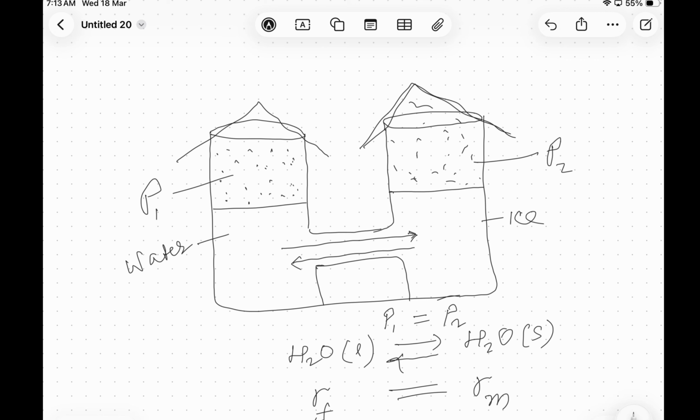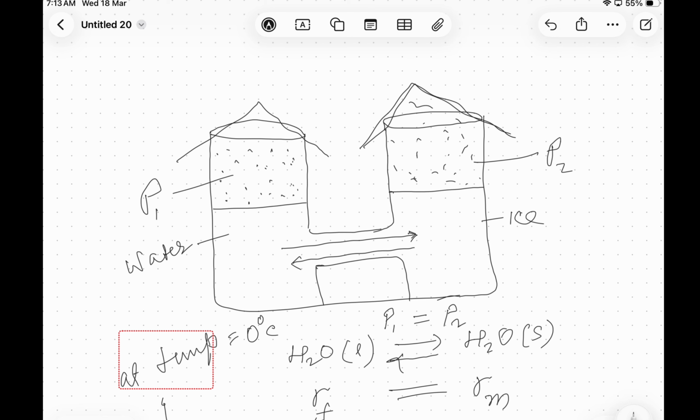When P1 equals P2, when the rate of freezing and rate of melting are equal, at that time the temperature is 0 degrees Celsius.